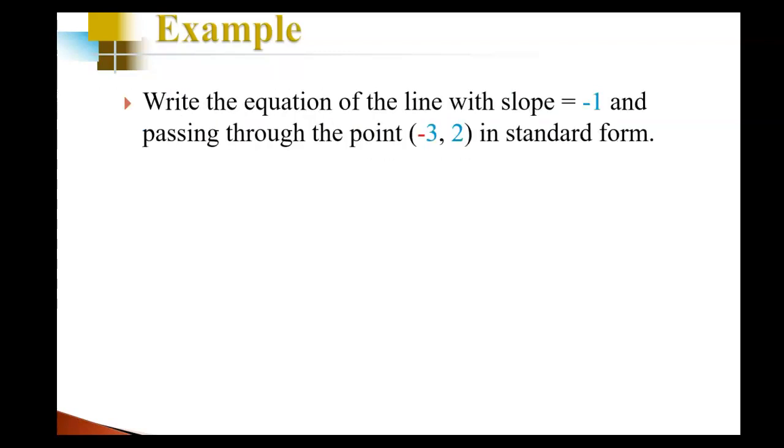Write the equation of the line passing through (-3, 2) with slope -1 in standard form.